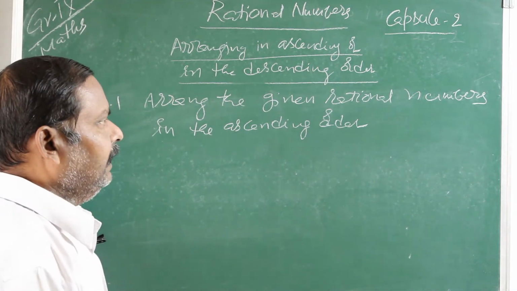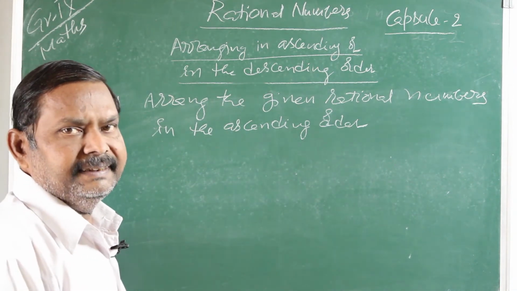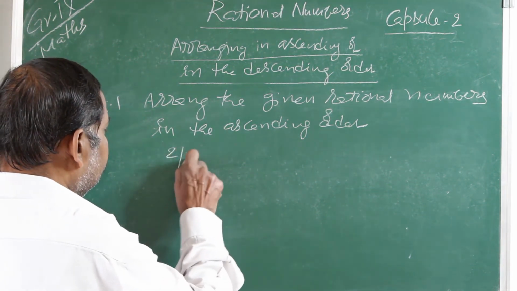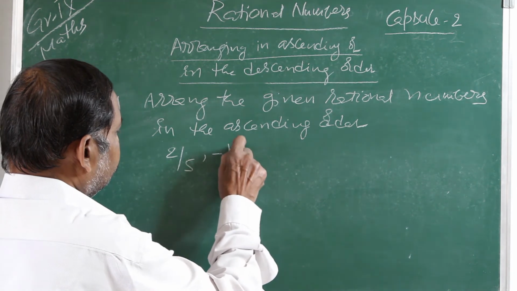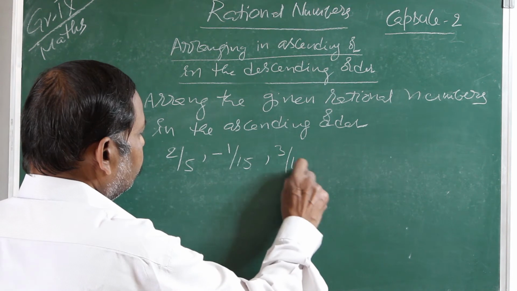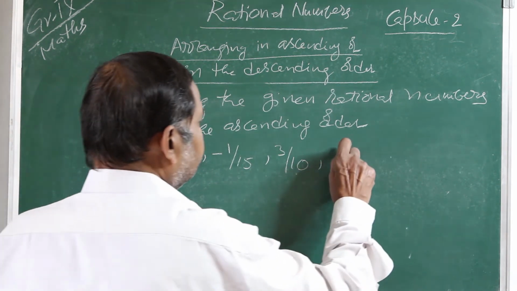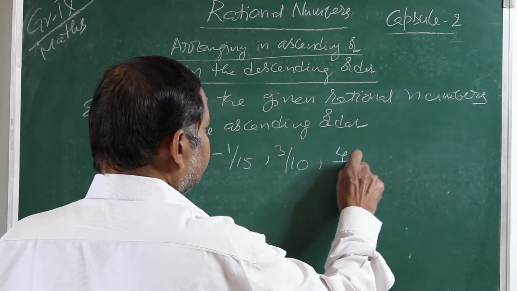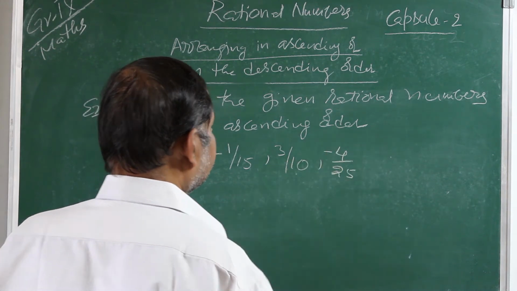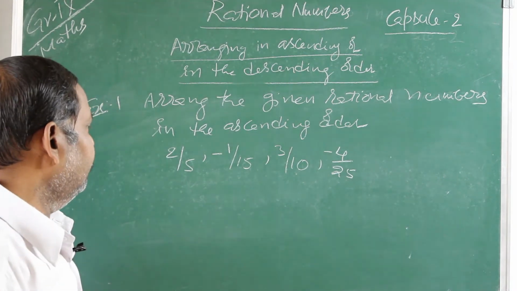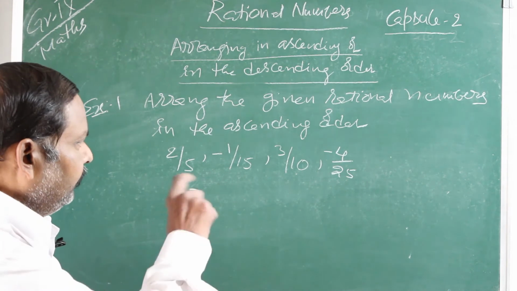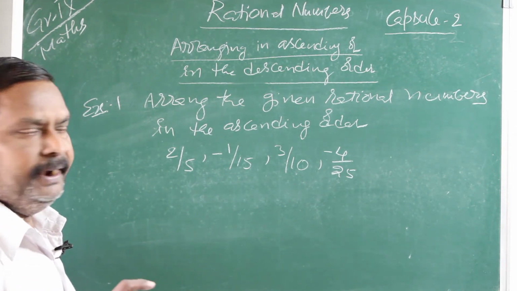Arrange the given rational numbers in the ascending order. The numbers are 2 by 5, minus 1 by 15, 3 by 10 and minus 4 by 25.